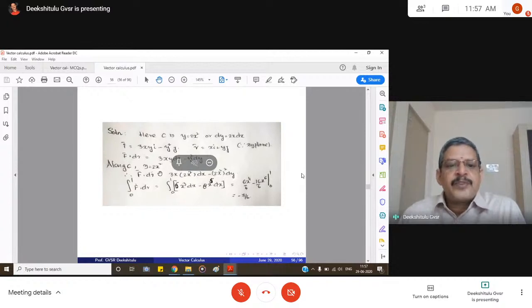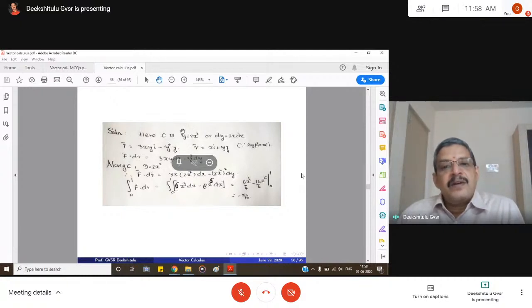So along C, y is equal to 2x square, or dy is 4x dx. So F dot dr is 3xy dx minus y square dy. Convert all the variables into one variable. Put y equal to 2x square, because the integration is asked along this curve.